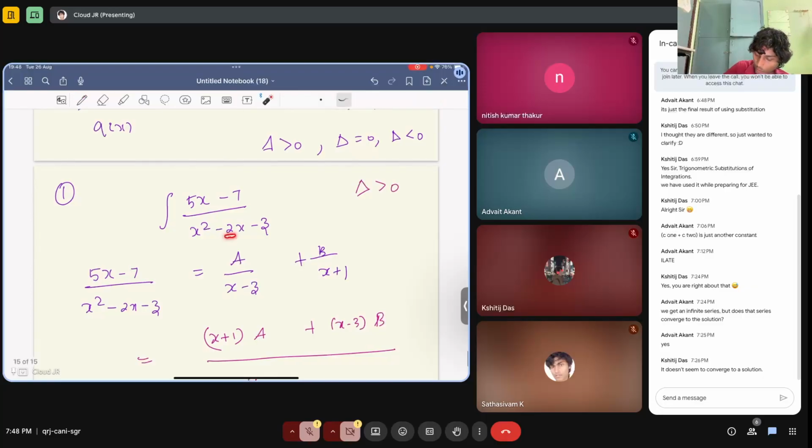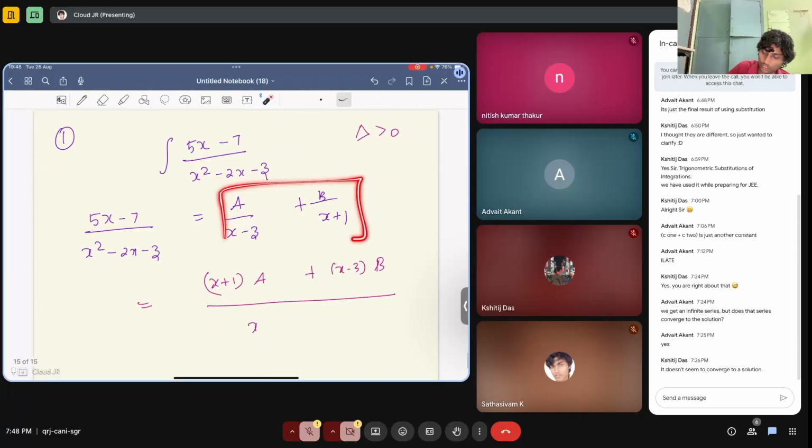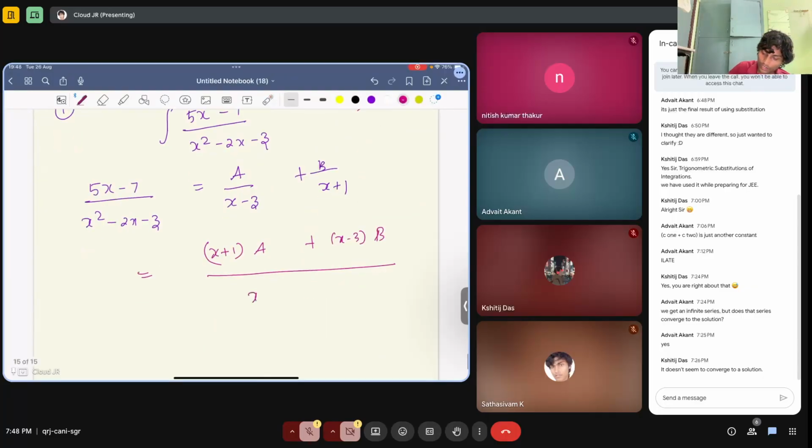If you look at b square minus 4ac of this polynomial, it is strictly greater than 0, and it has two real roots, which are x minus 3 and x plus 1. So this polynomial can be written as x minus 3 into x plus 1.